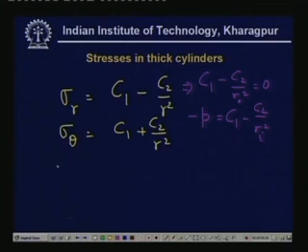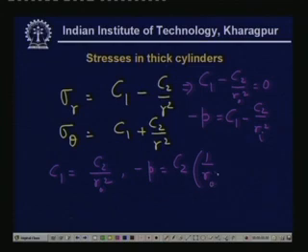That is, C1 will be equal to C2 by r0 square, and minus p equal to C2 times 1 upon r0 square minus 1 upon Ri square.